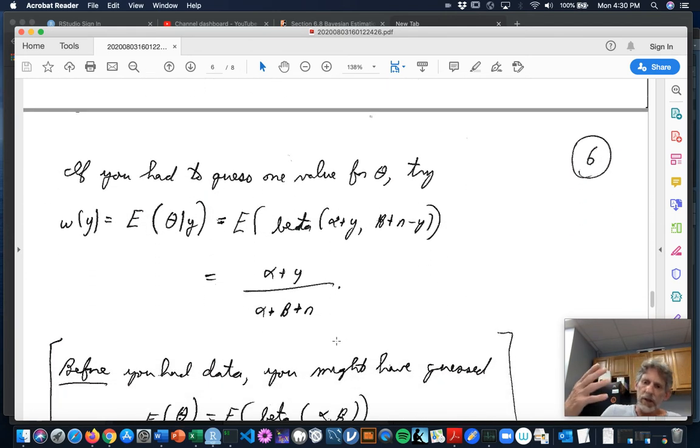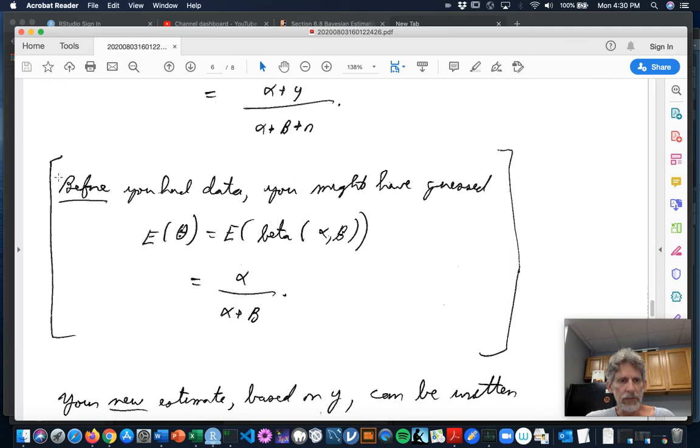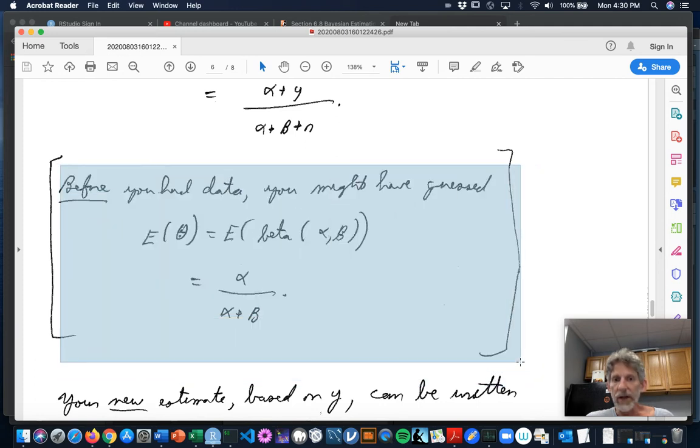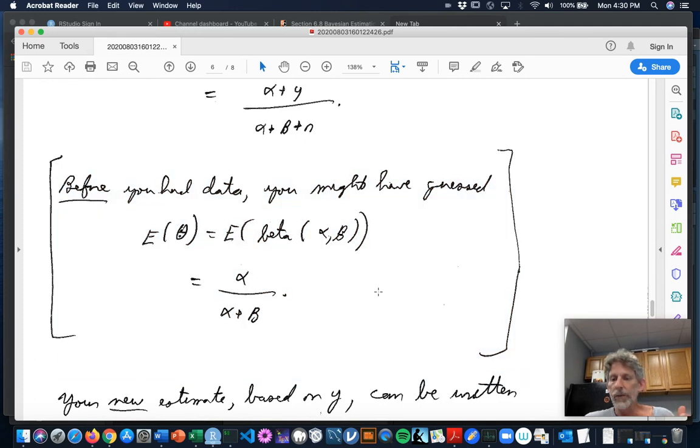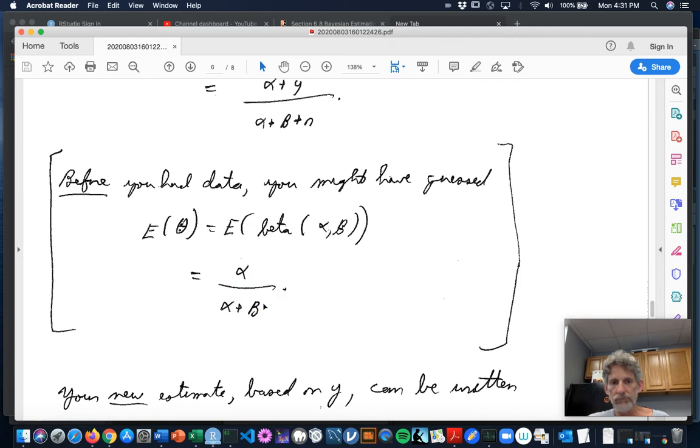So, what do you think about this player now that you've seen her make y hits in n tries? What do you think her theta might be? Well, before you had data, a good guess at what her theta might be would be the average for this population, the mean of this population. And so that would be the mean of that prior beta random variable that gives the shape of the population. So that's the expected value of a beta alpha beta, which is alpha over alpha plus beta.